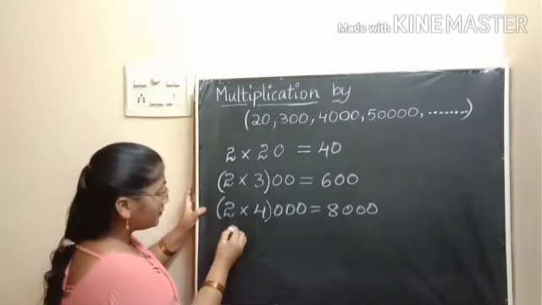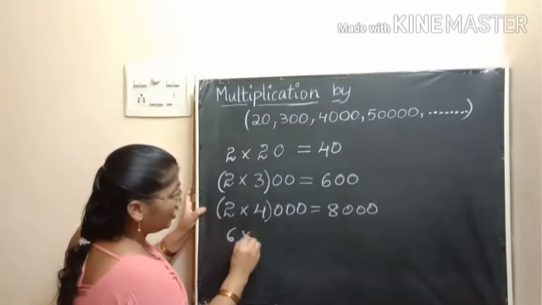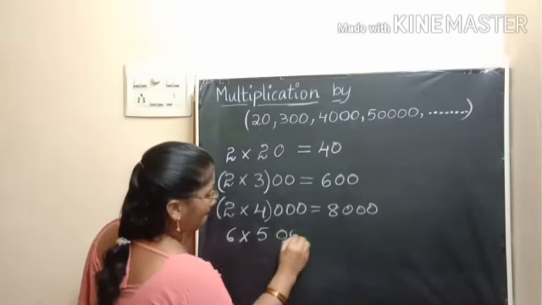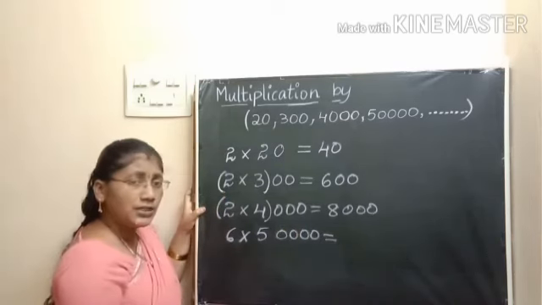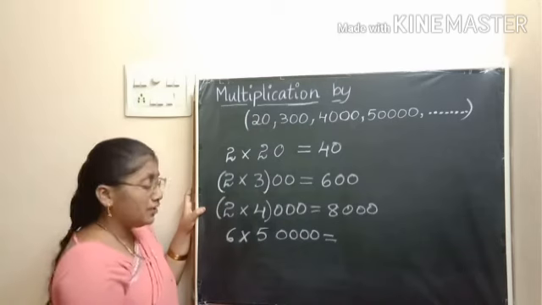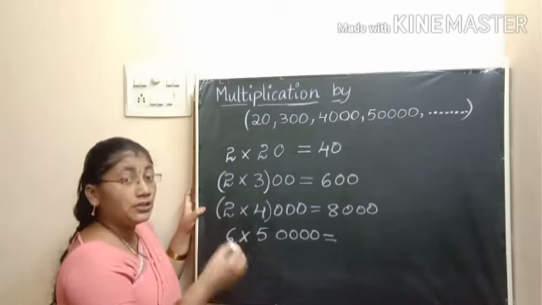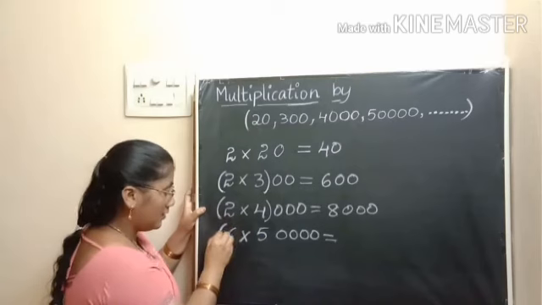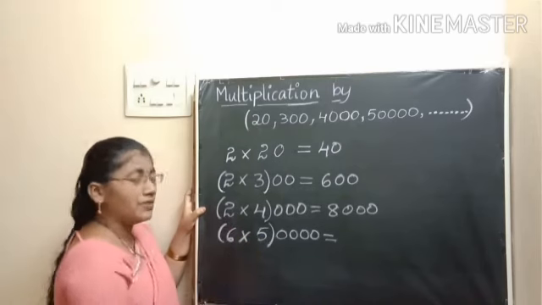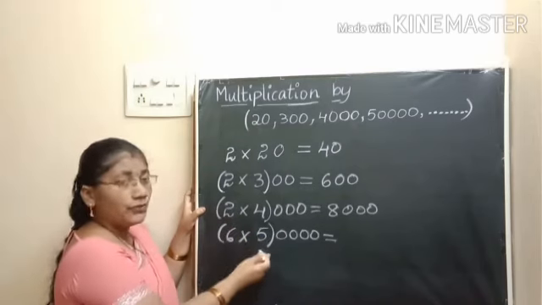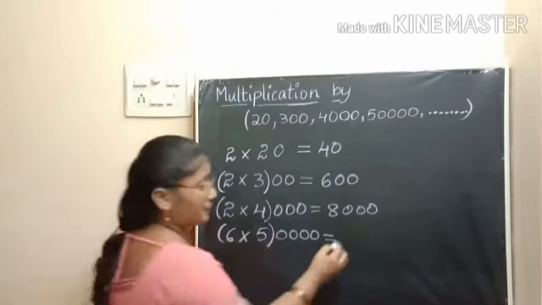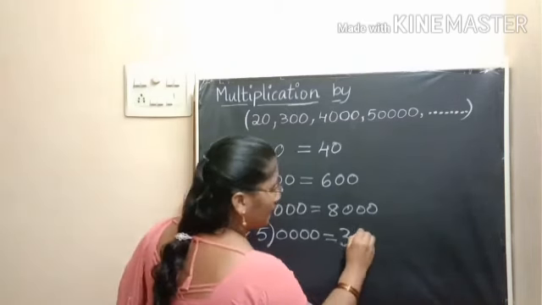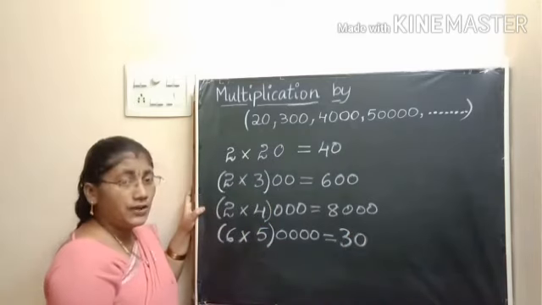If we take 6 into 50,000, how many zeros are in 50,000? 4 zeros. It is also somewhat difficult without a trick. But we can use this trick. By grouping 6 and 5, we can get it easily because we know the 6 table. 6 5s are 30.